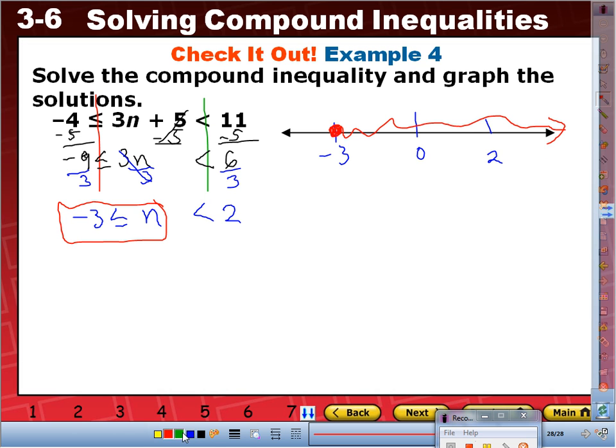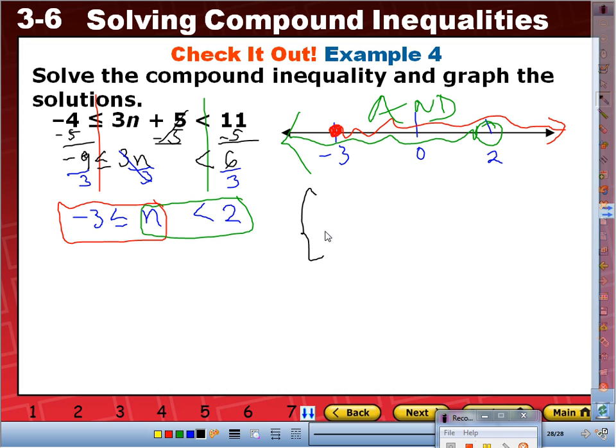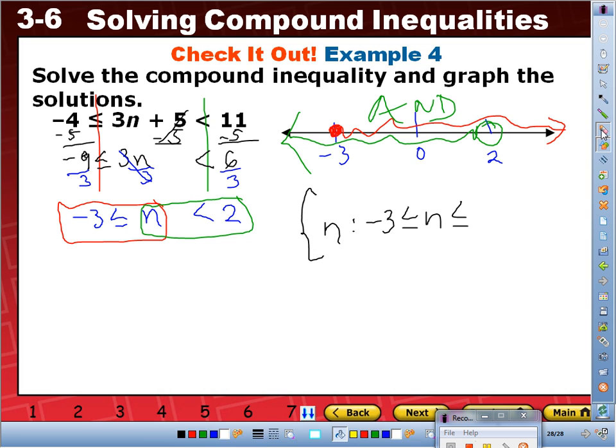Okay, the second part, 2. Does it include it? No. n is less than that, everything to the left. This is known as an "and." My solution set, the set of all n such that negative 3 is less than or equal to n, less than, not equal, that's just less than 2. Hands up if you got that by yourself.